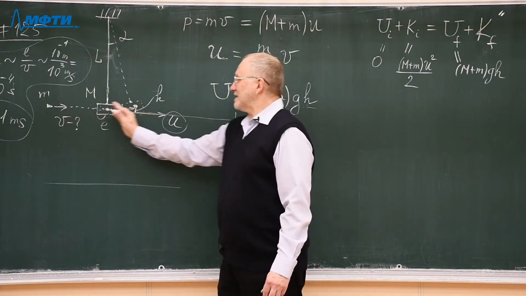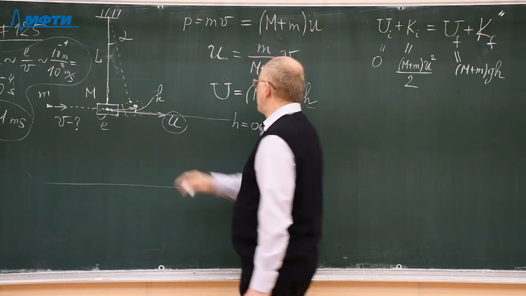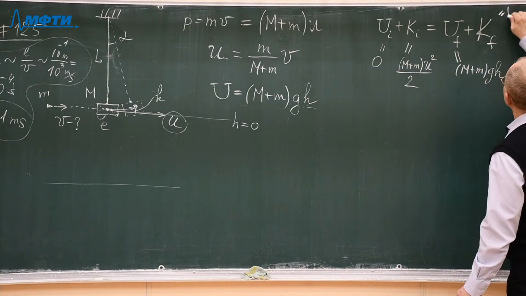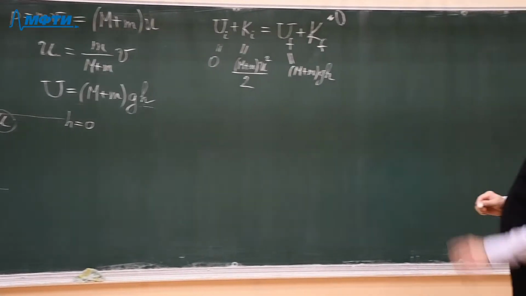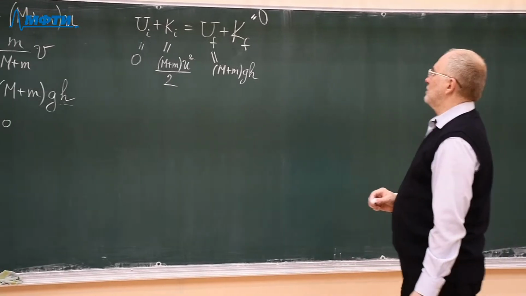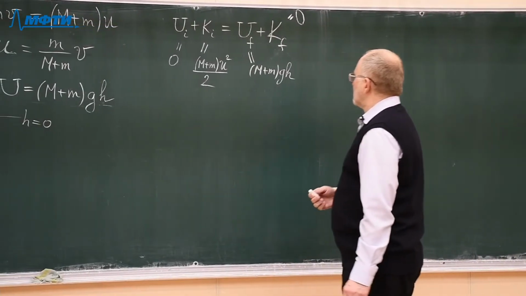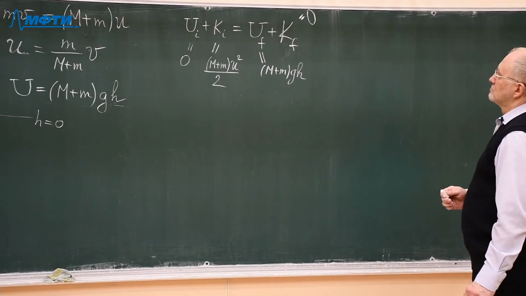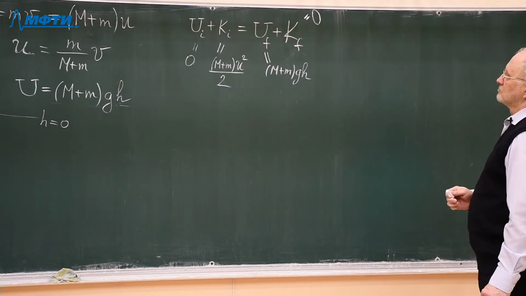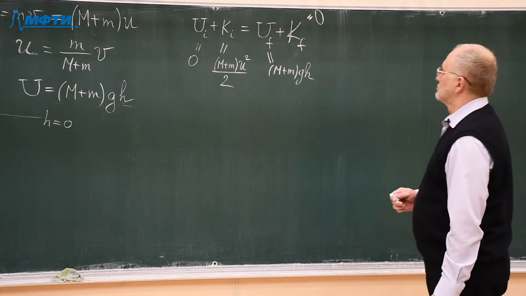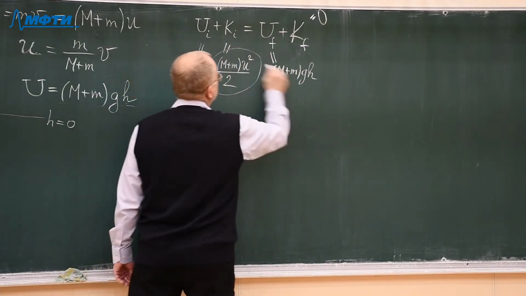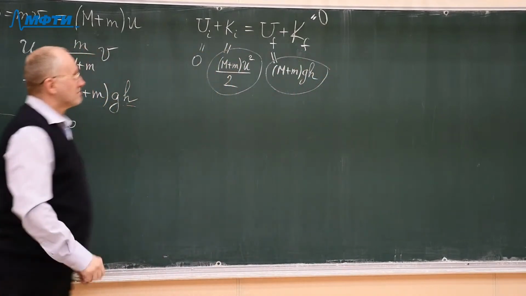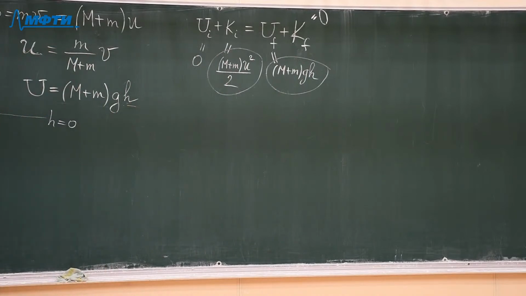So at the maximum deflection the velocity is 0. It changes its direction. So final kinetic energy is 0. And therefore we get this equation. We obtain that this term must be equal to this term due to the law of conservation of energy.